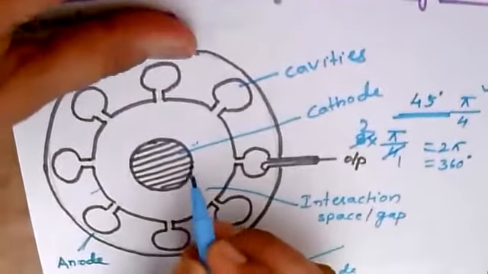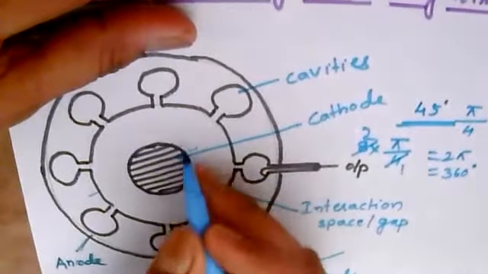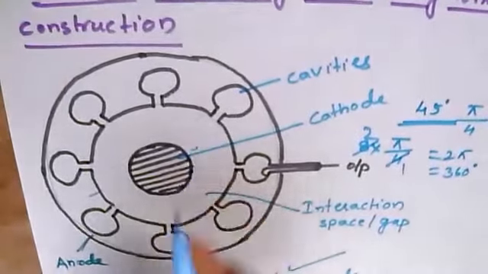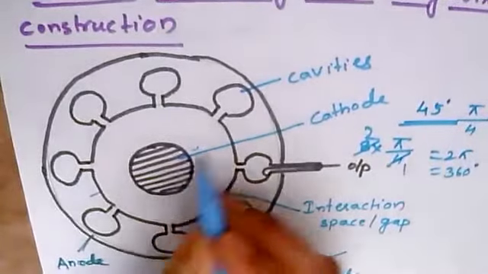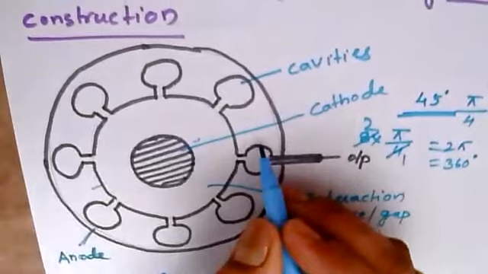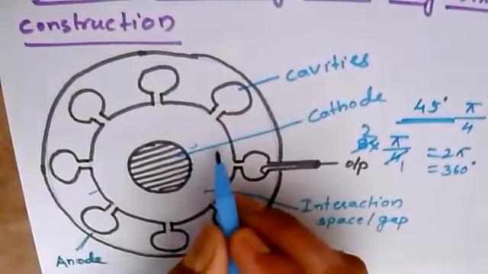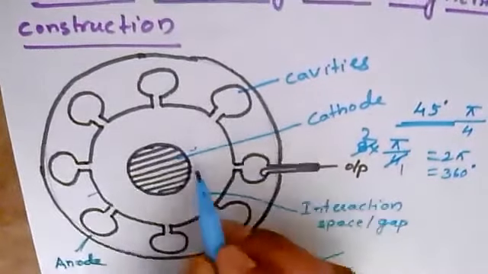So I will give a clear explanation of what happens when the electric field and magnetic field operate on electrons moving from cathode to anode, and how they react. That is the total working functionality of the magnetron.